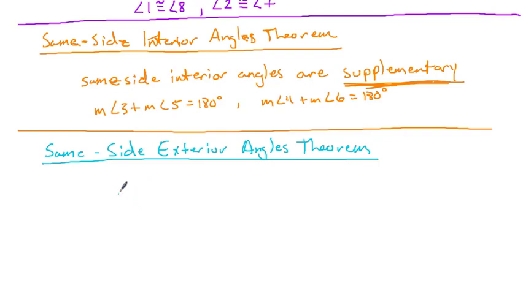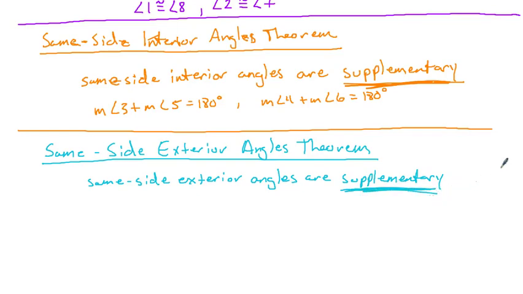If two parallel lines are cut by a transversal, then same side exterior angles are supplementary. Okay, same side exterior angles are supplementary.